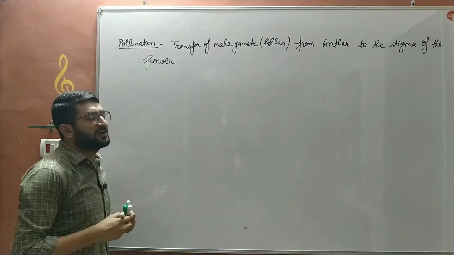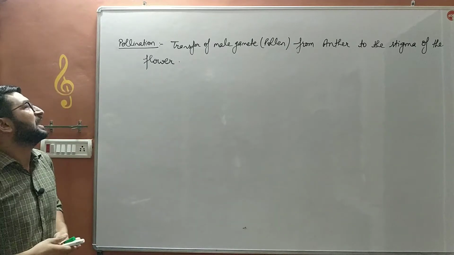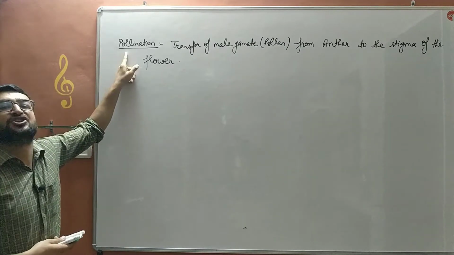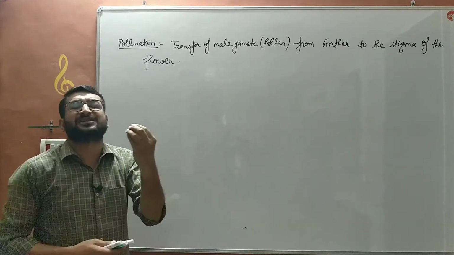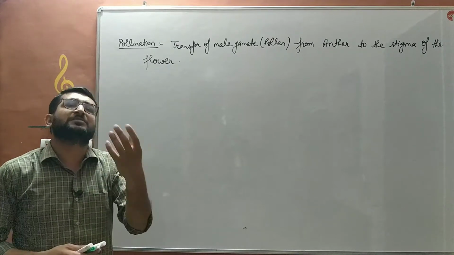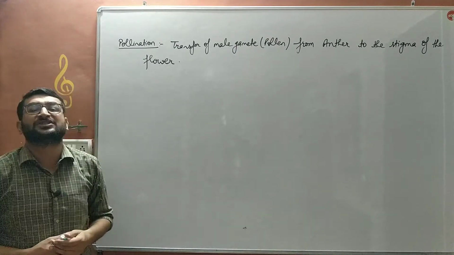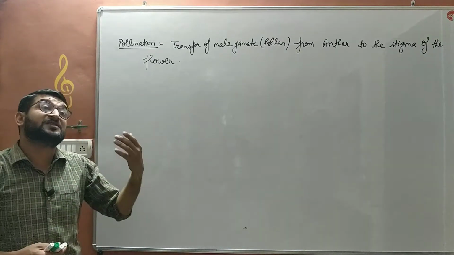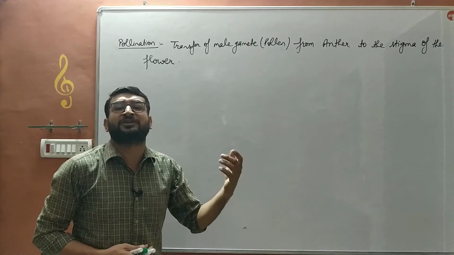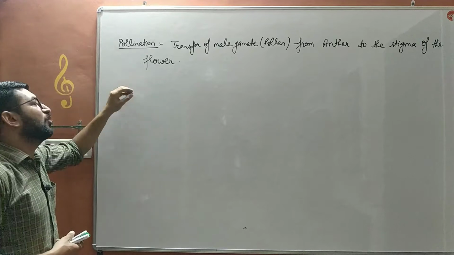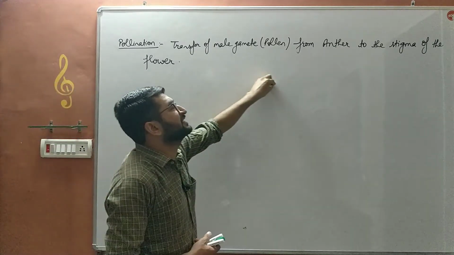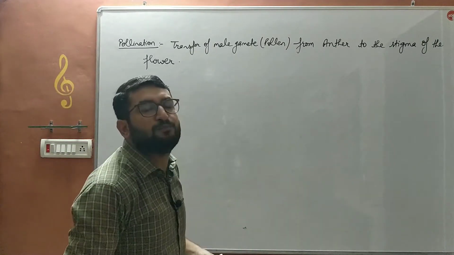That transfer of gamete is known as pollination. The transfer of male gamete, that is pollen grain, from the anther of a flower, anther of a stamen, to the stigma of a female reproductive organ is known as pollination. बच्चे pollen grain का स्टिग्मा पर ट्रांसफर होना क्या कहलाता है?